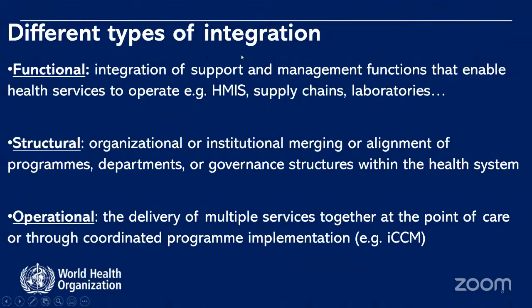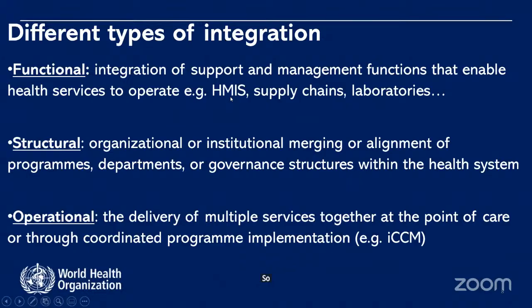What are the types of integration? Mention is made of 3 main types, or let's say categories, of integration. We have the functional integration. And so this one is the integration of the support and management systems that enable the health services to operate.